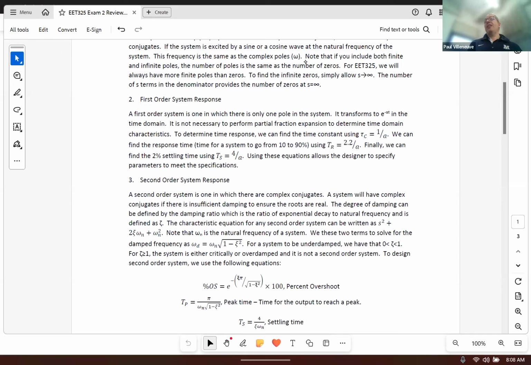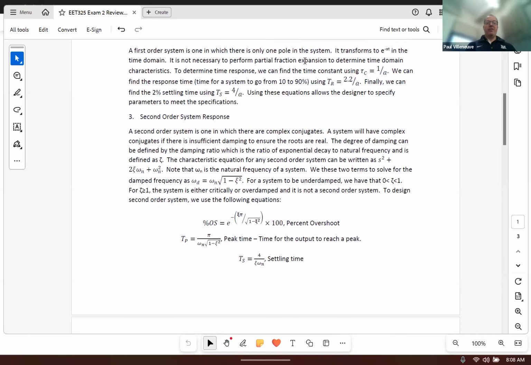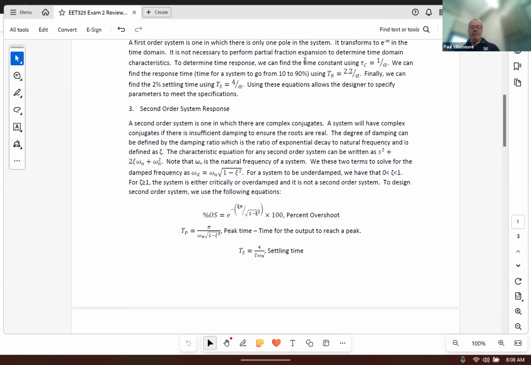Doesn't have to reach steady state, because ultimately it never reaches steady state, right? We say 5 time constants or 7 time constants or 3 time constants. But here to simplify, we'll just call it settling time of 4 over A. And we really wanted to develop those because for second order systems, which is our next topic, that's a lot more useful to understand those terms, especially settling time, because settling time is a little bit different in a second order system.